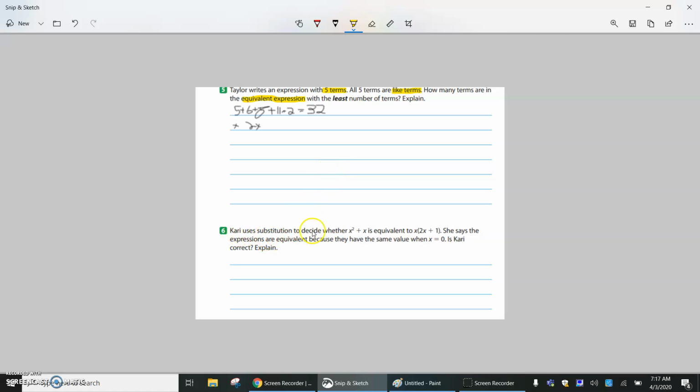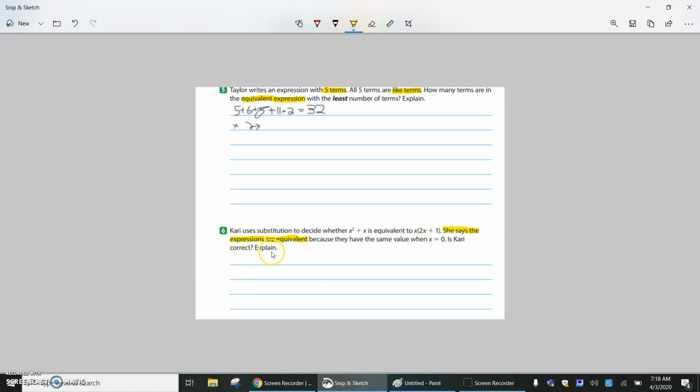Carrie uses substitution to decide whether x squared plus x is equivalent to x times the sum of 2x plus 1. She says the expressions are equivalent, because they have the same value when x equals 0.